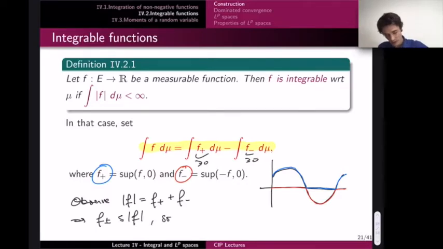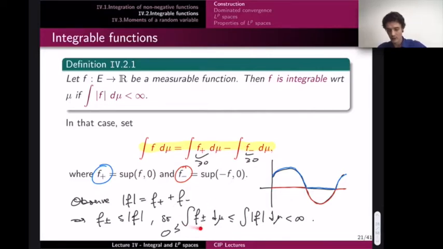So the integral of f plus or minus d mu is less than or equal to the integral of the absolute value of f d mu, which is finite. So this quantity, which is obviously non-negative, is finite. This quantity is finite, this quantity is finite, and the whole difference makes sense. Okay, so that's how we define the integral in general.